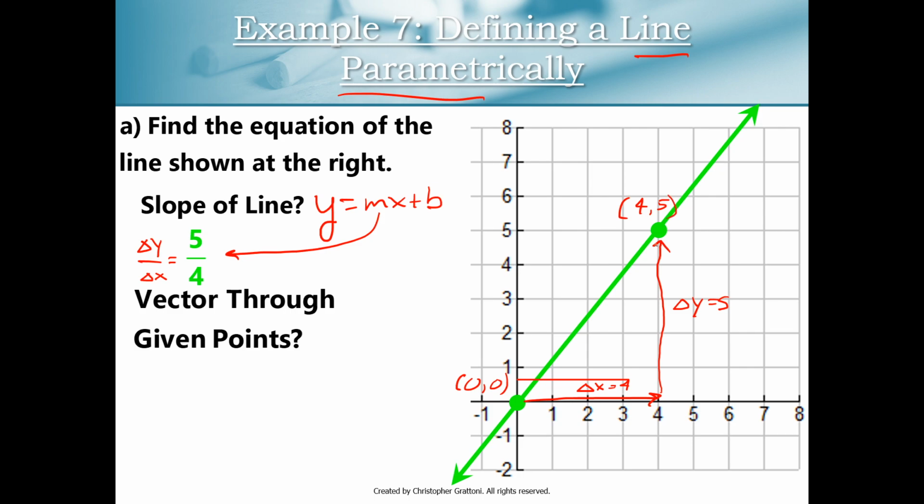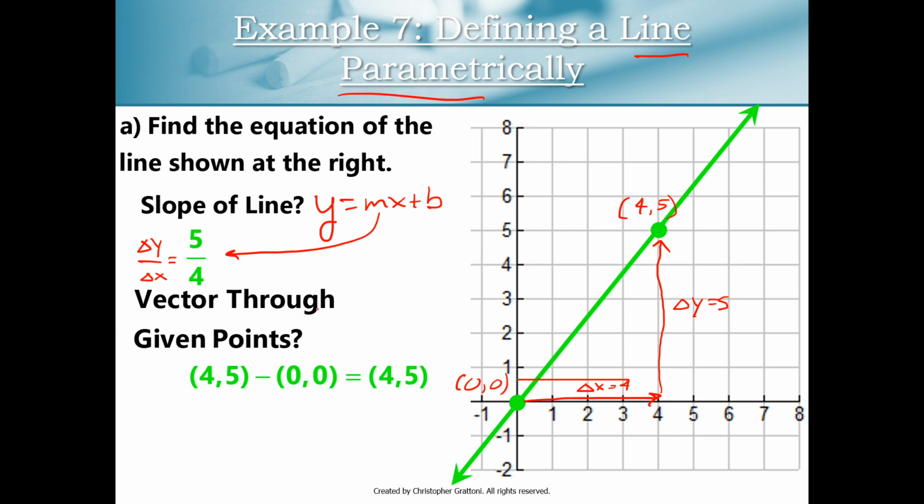But you guys already learned how to do this earlier in the PowerPoint. We do tip minus tail, the tip being 4, 5, the tail being 0, 0, and 4, 5 minus 0, 0 is 4, 5. Oh, that's our vector that connects the 2 points that were given in this example.